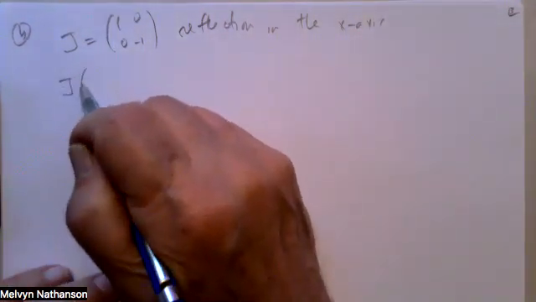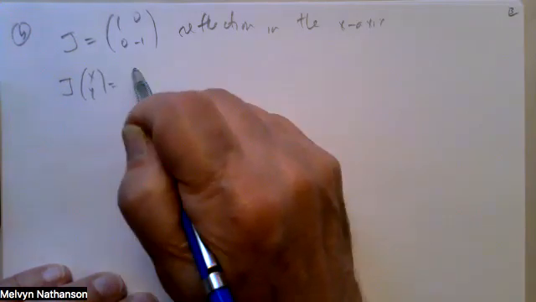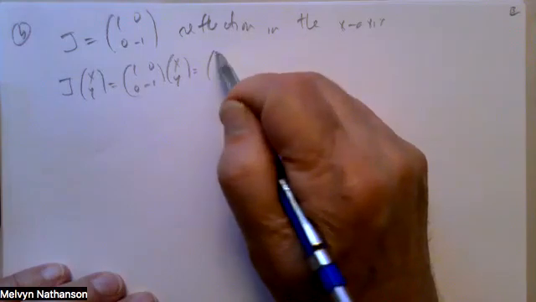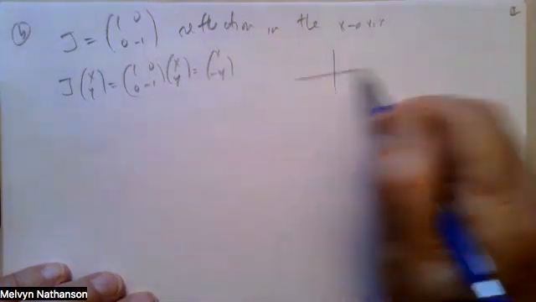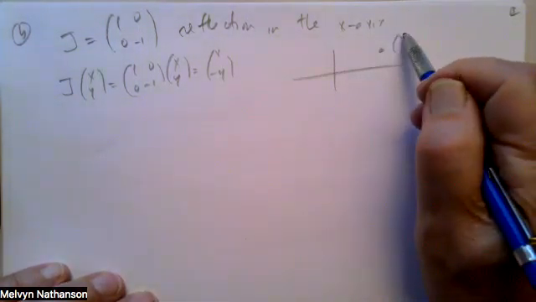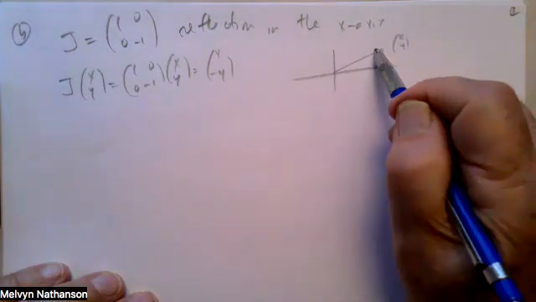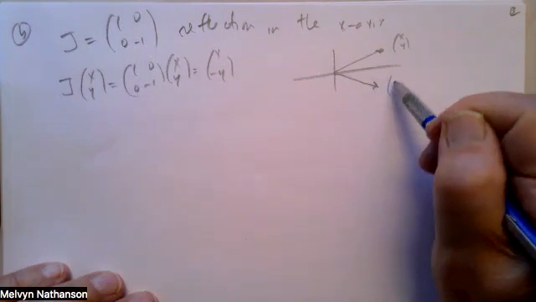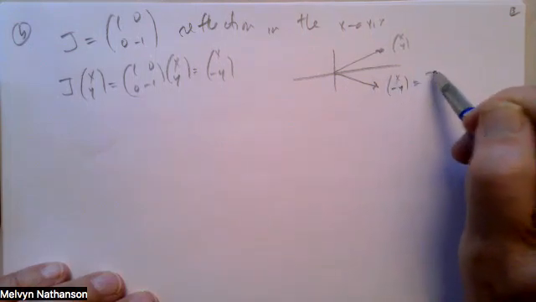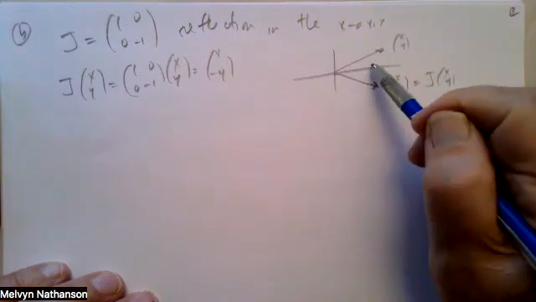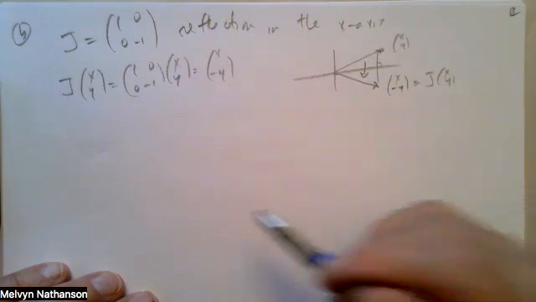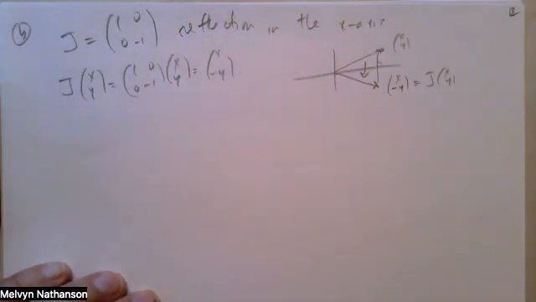If I apply the matrix J to the vector x, y, 1, 0, 0, minus 1 applied to x, y is x, minus y. In other words, if here we have x, y, this is x, minus y, which is J of x, y. So we're reflecting through the x-axis. So this is the matrix of reflection through the x-axis.